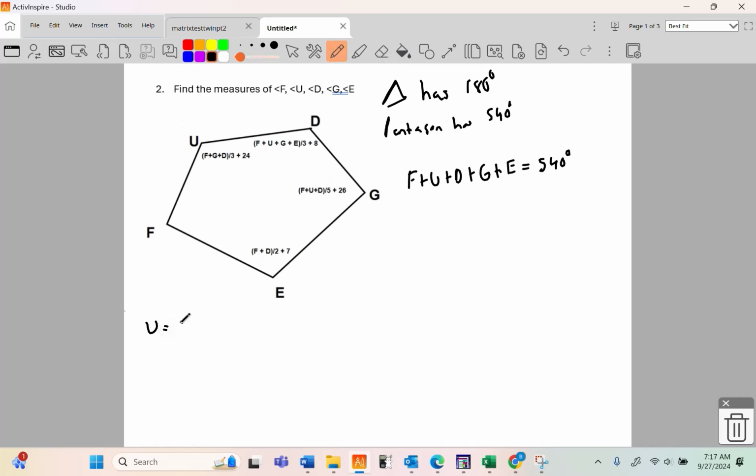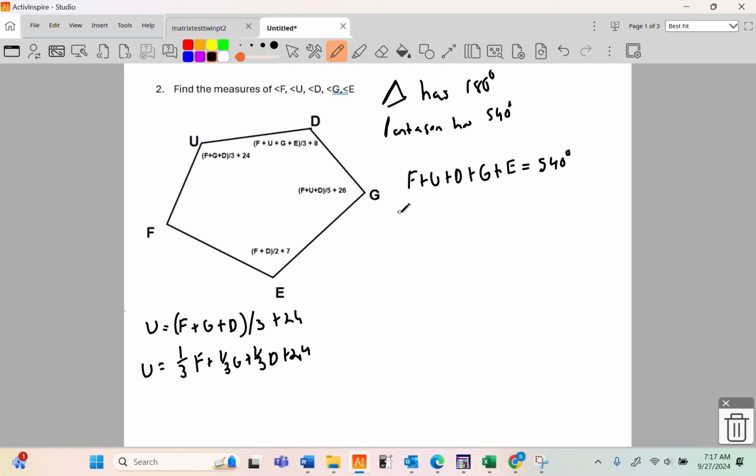I know U is (F plus G plus D) all over 3 plus 24. And I need that to be in this form too, because I need to be able to write an augmented matrix. So I cut everything into thirds: a third of F plus a third of G plus a third of D plus that 24, and that's what U is equal to. Now I'm going to move things around so that I'm in this same order.